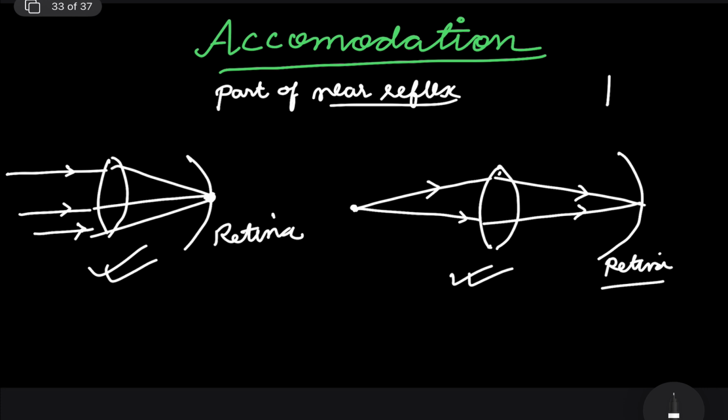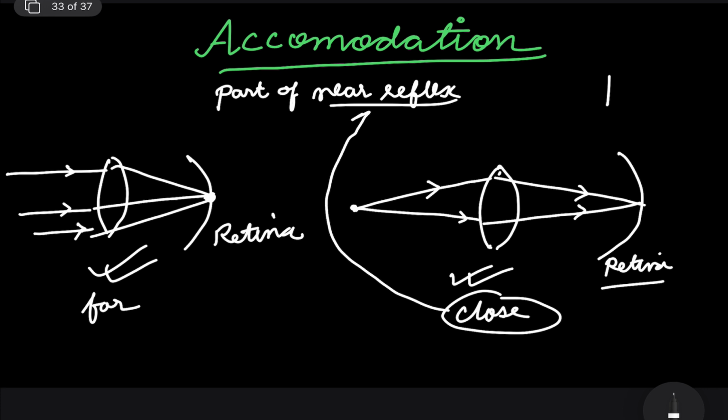This is the close object and this is the far away object. For viewing objects close to us, our eyes undergo what we call the near reflex.